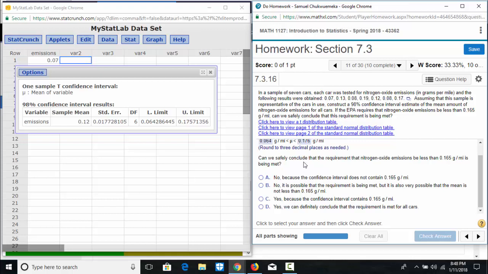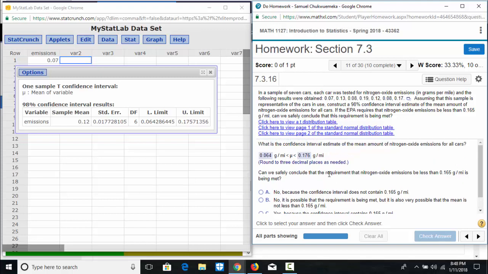Can we safely conclude that the requirement that nitrogen oxide emissions be less than 0.165 grams per mile is being met? So 0.165 is within this confidence interval. Okay, it is within that range of the confidence interval.